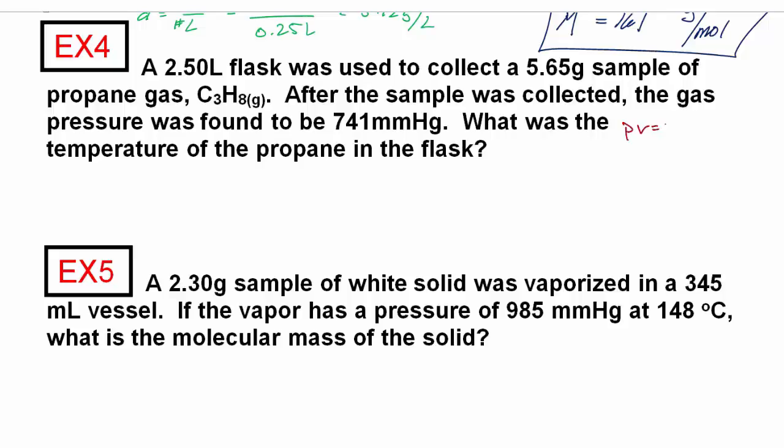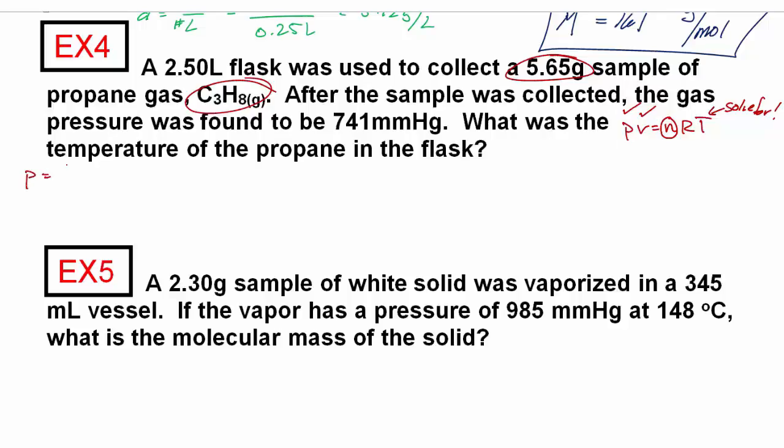We could use PV equals nRT to find temperature because we know the pressure, we know the volume. We can find the number of moles because they told us the grams and they told us what the compound is, and solve for temperature. You could also use PM equals dRT if you want, but I'm just going to use PV equals nRT.